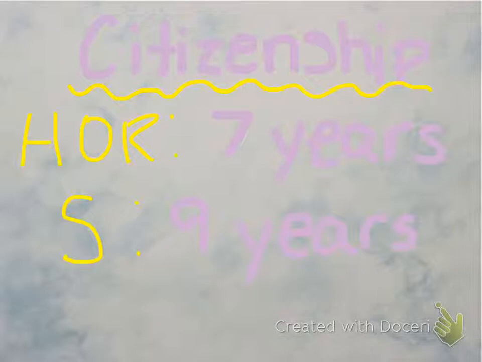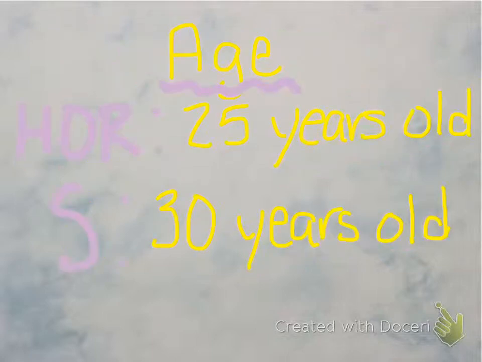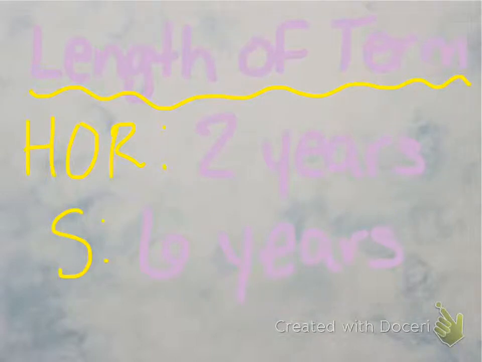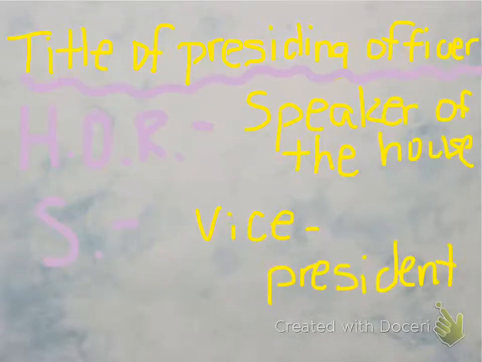S is 9 years. Their ages for HOR are 25 years old, and for S is 30 years old. The length of term for the HOR is 2 years, and for S it is 6 years. The title of the presiding officers for HOR is Speaker of the House, and for S is the Vice President.